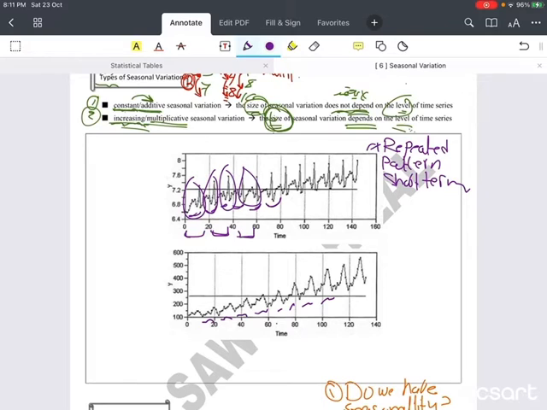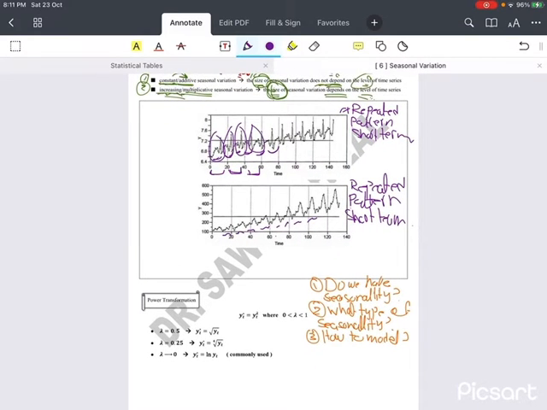So we have a repeated pattern for short term. Okay, so this was the first question. Do we have seasonality? Yes, we have, because we have a repeated pattern for short time.